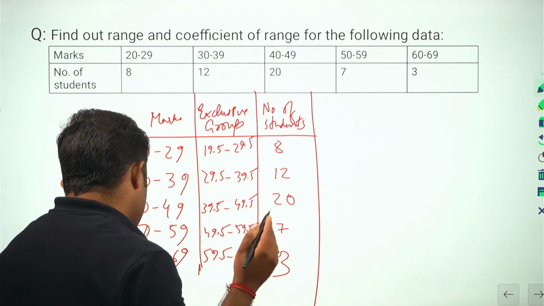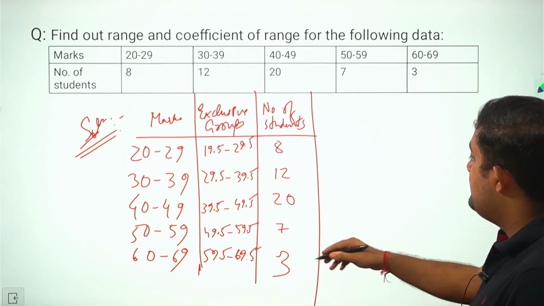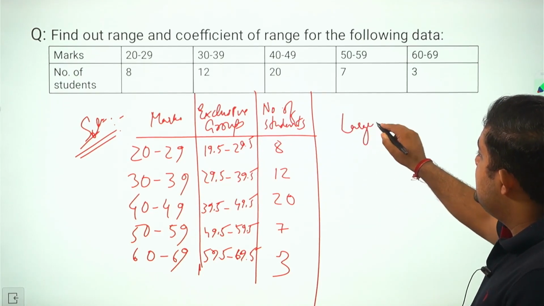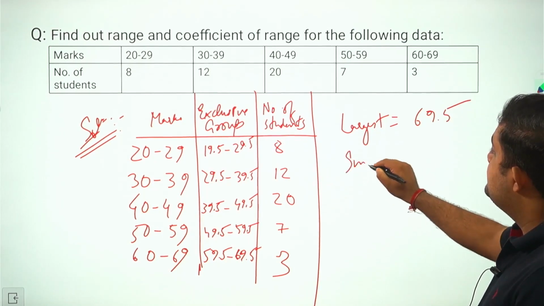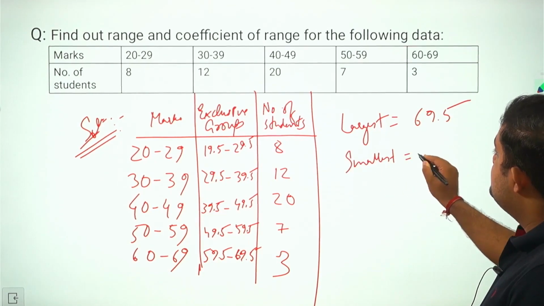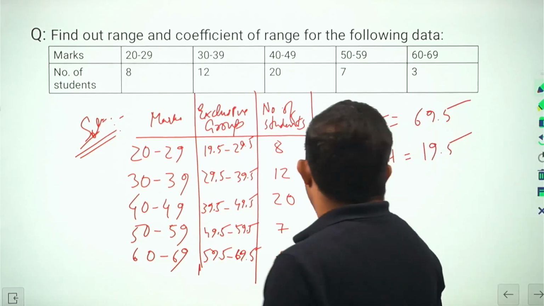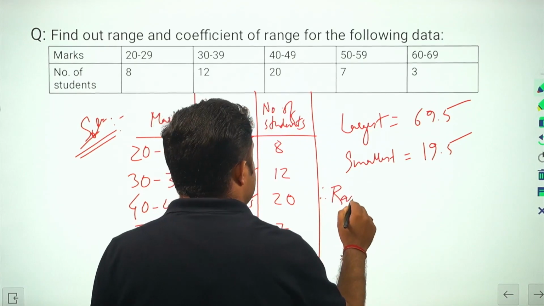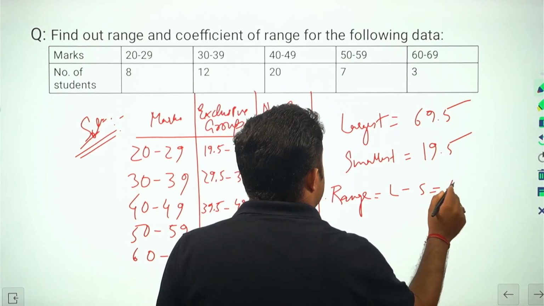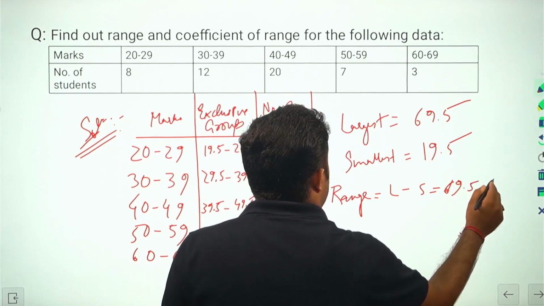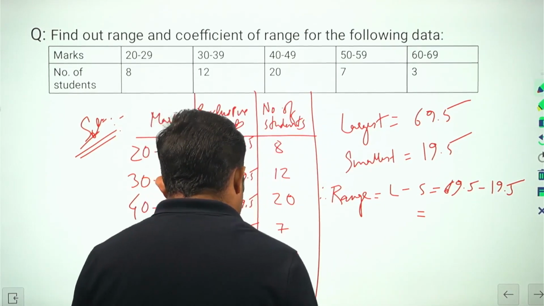Now we need to find out the range. The largest size is 69.5 and the smallest is 19.5. Therefore range is equal to L minus S, 69.5 minus 19.5, which gives you 50.